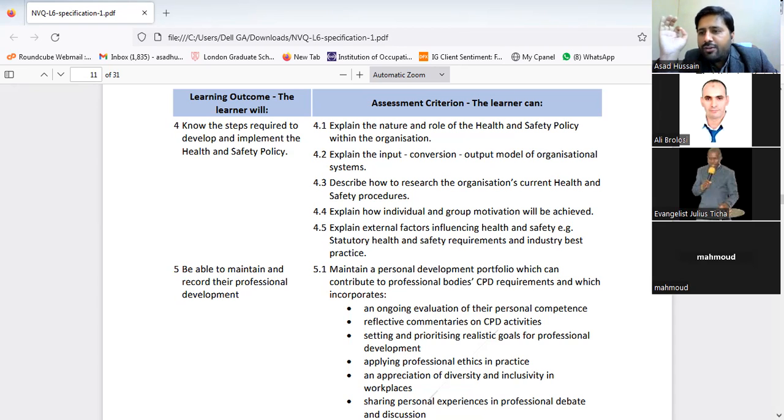In your organization you have sometimes seen awards like 10,000 hours without injury, 1 lakh hours without injury, employee of the month, and safe employee.